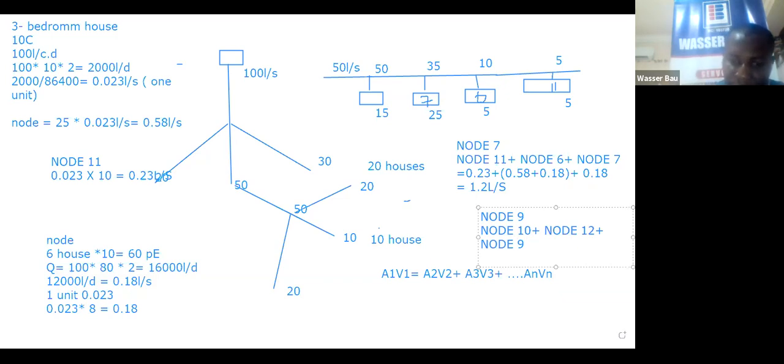So node 9, its base is already 0.09. Therefore, the total will now be 0.23. Please, if you don't understand it, draw me back.